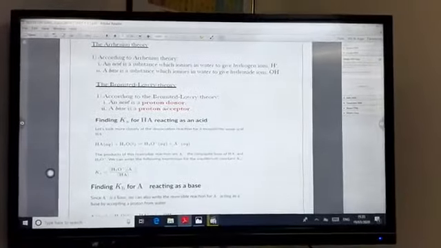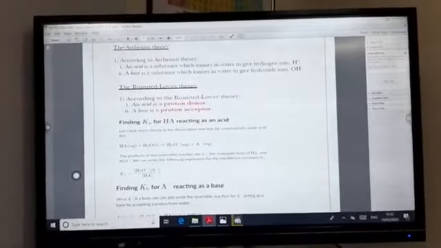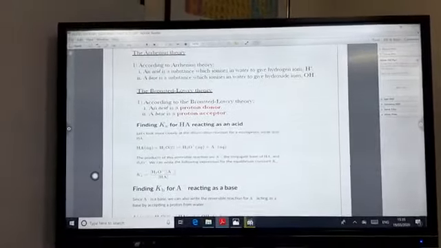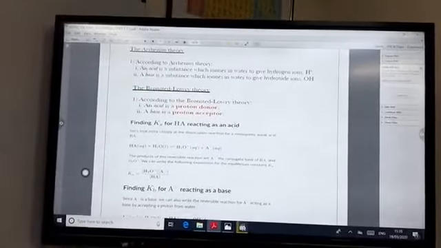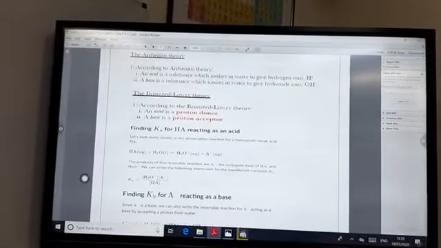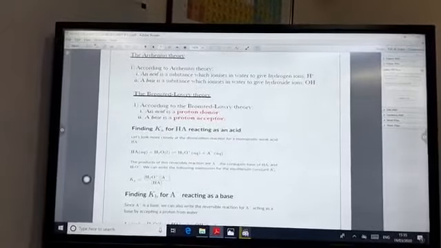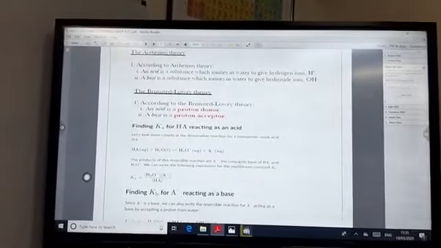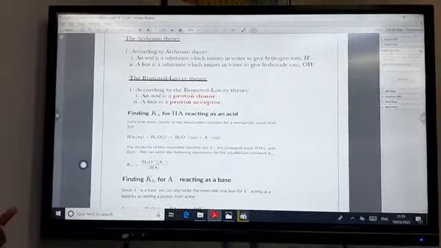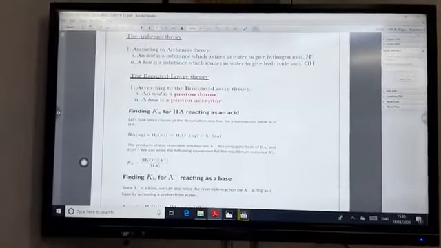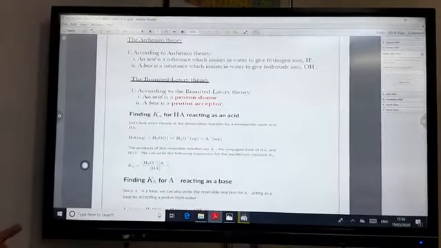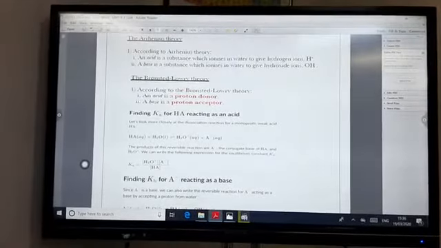There are two scientists here, first Arrhenius and then Lowry Bronsted, who defined what is acid and what is base, because this whole unit is called acid-base equilibrium. So we must know how to define acid and base, because we are going to use both definitions in our next topic.